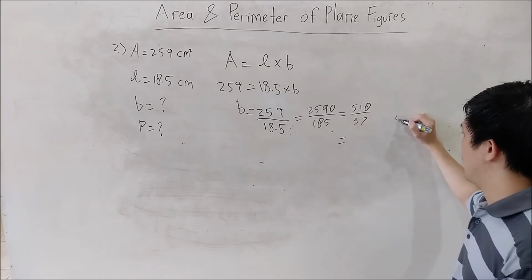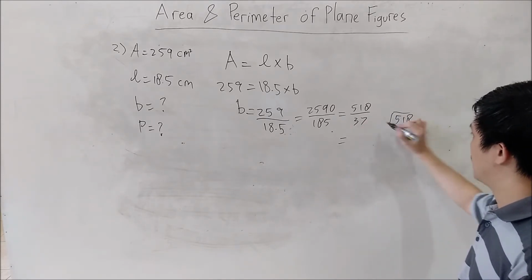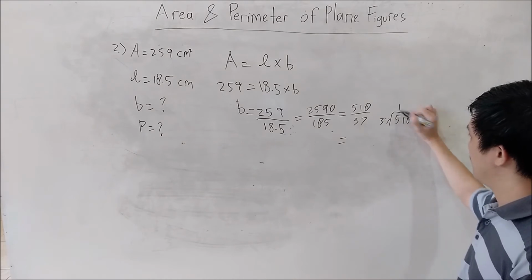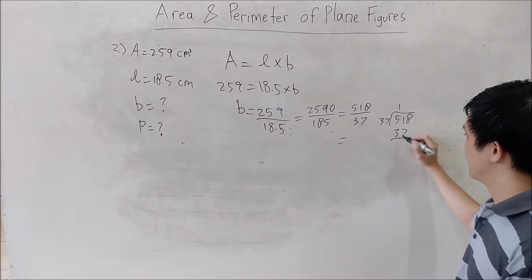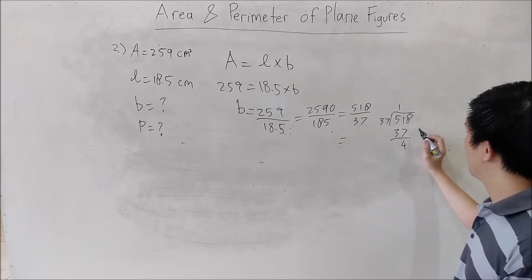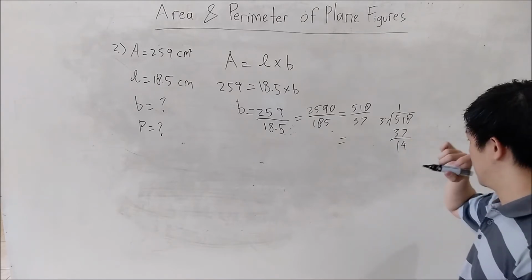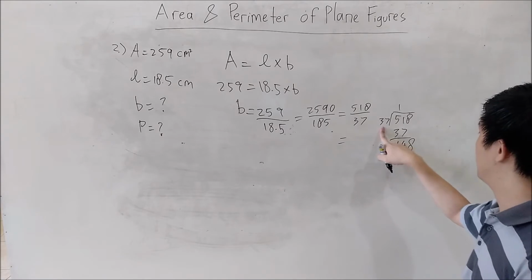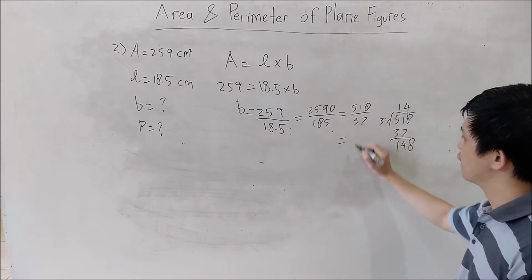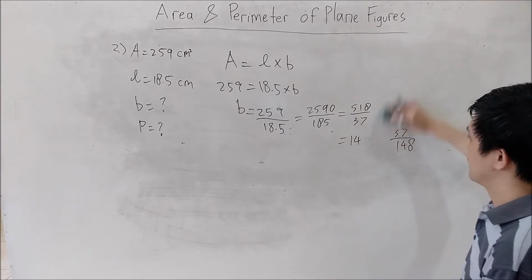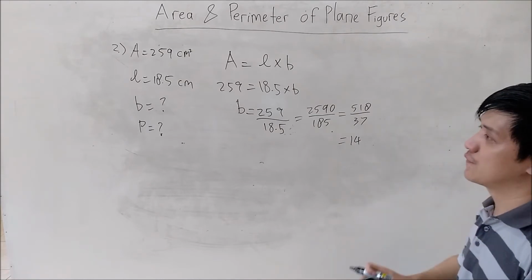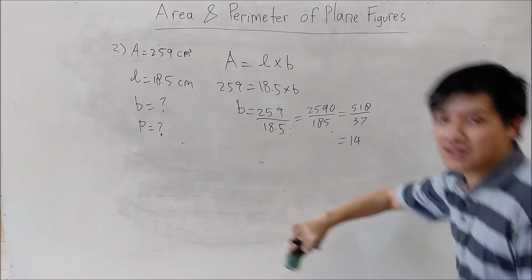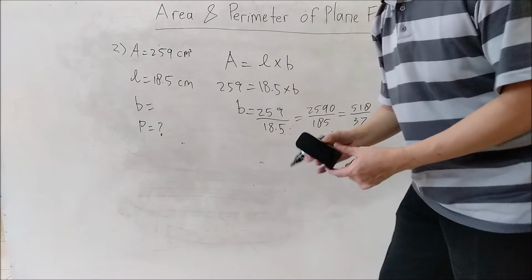Oh, in this case, you still have to do the long division the normal way. So we have 14. So we know that the breadth of the rectangle is 14 centimeter.